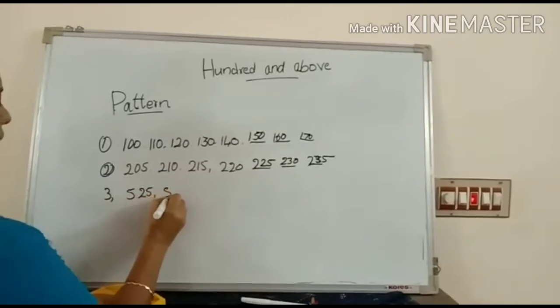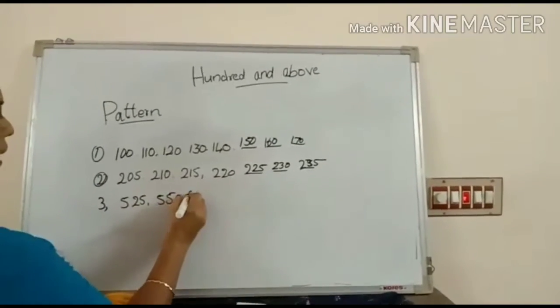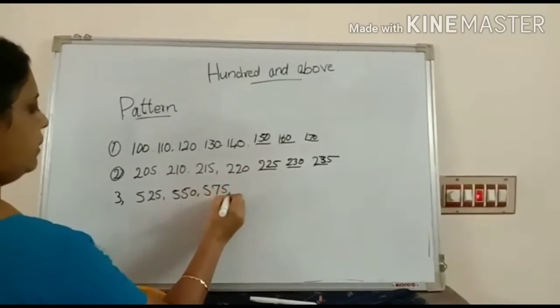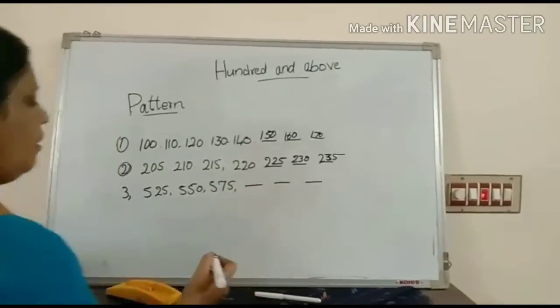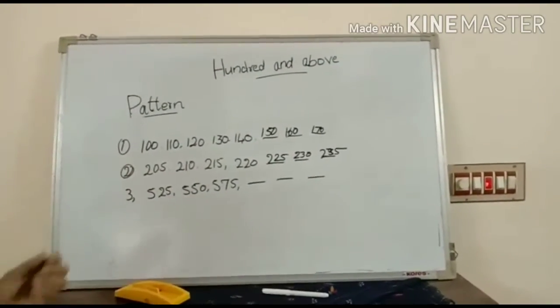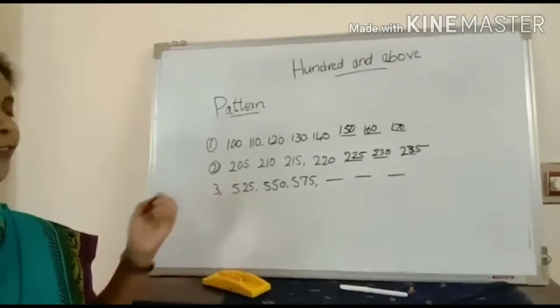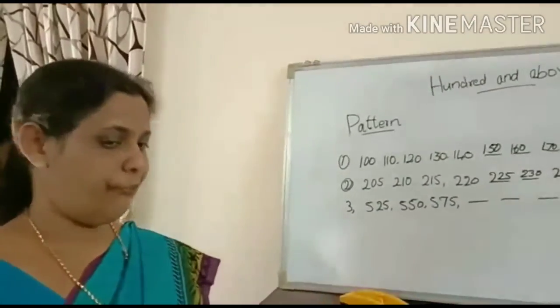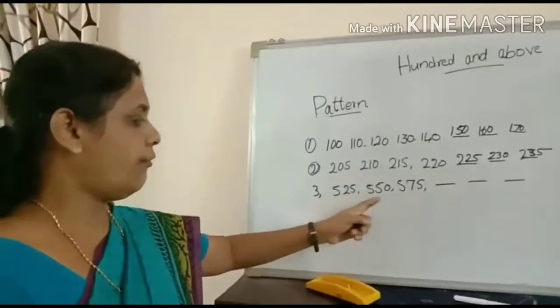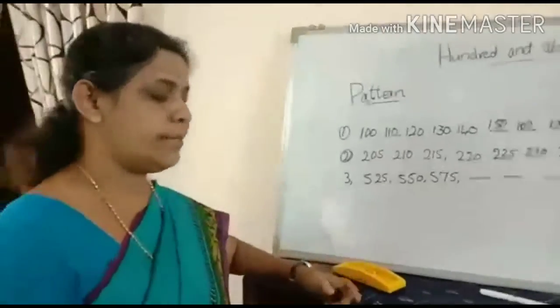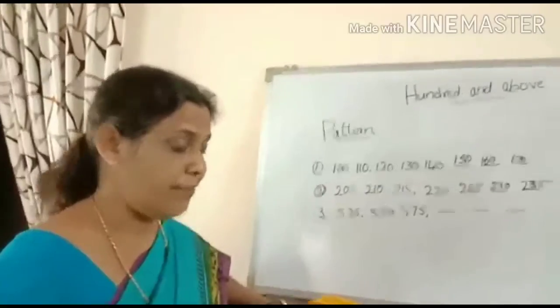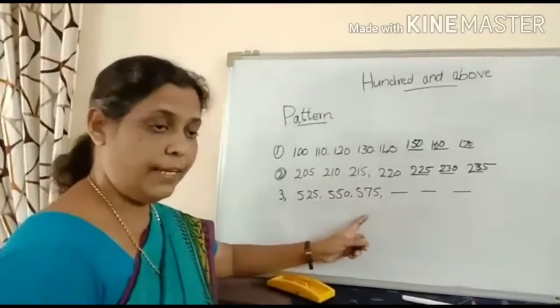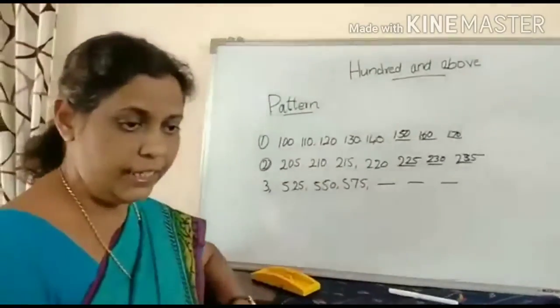525, 550, 575, then dash, dash, dash. What is the difference between 550 and 525? Who can say it? Yes, 25, isn't it? Then next one is 575.